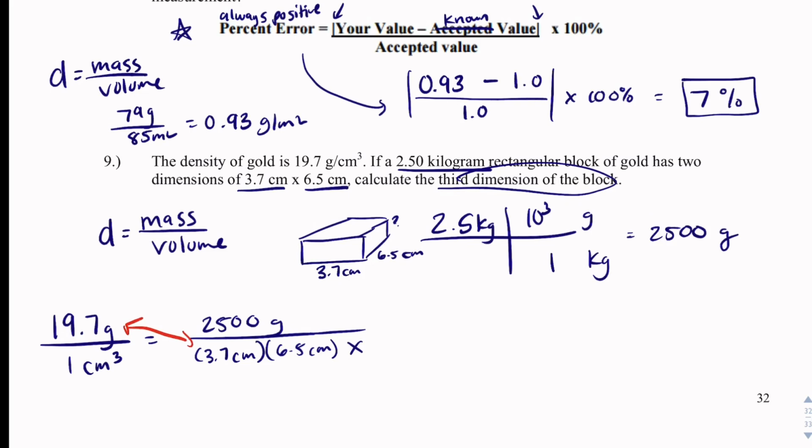I get 473.785, and that equals 2,500. One thing I forgot is the x also gets tagged along there. We want to isolate the x, so we're going to divide by the coefficient that has the x.